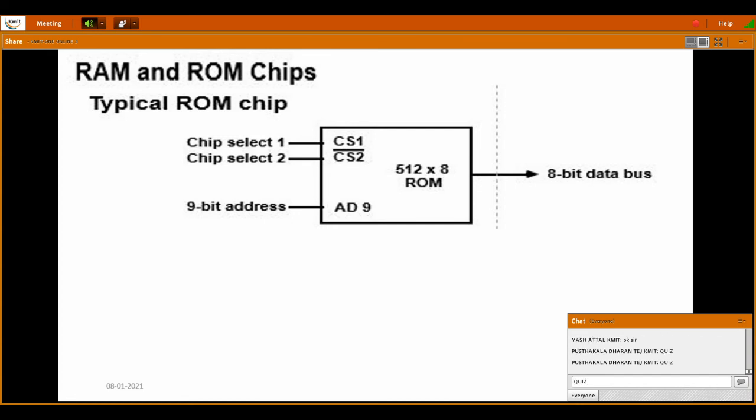What is 512 into 8? That is 512 bytes with an 8-bit data bus, which is bidirectional. Here is the 512 into 8 ROM.